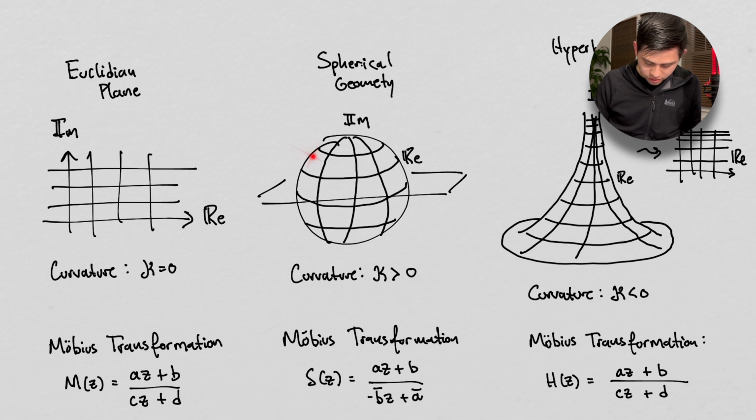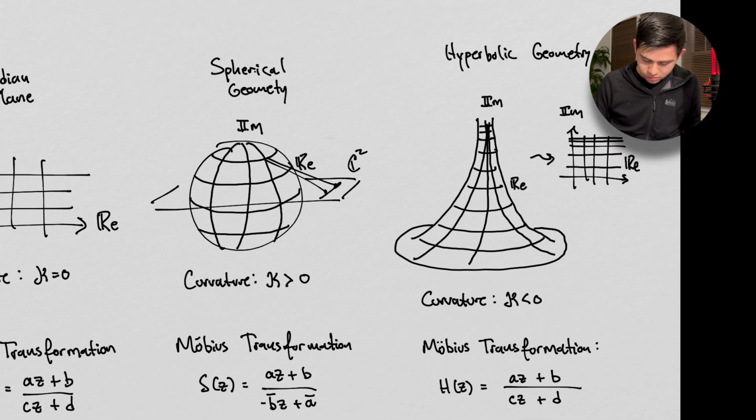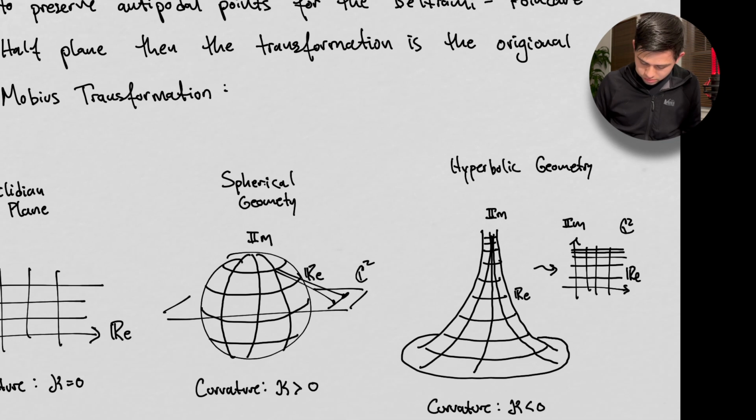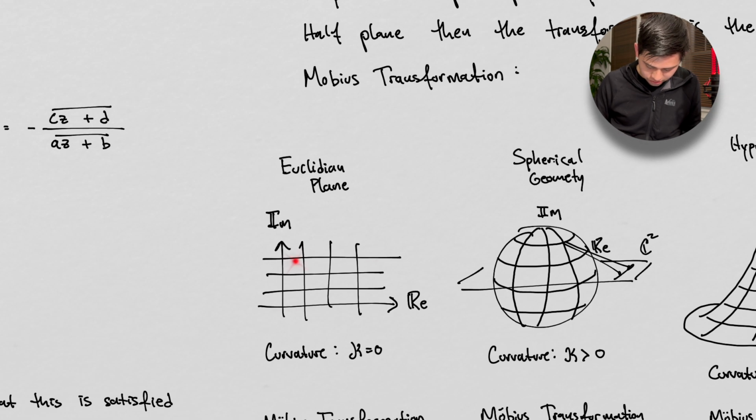This is the spherical geometry. So the spherical geometry was our mappings, and we're on this plane, C2. So this is C2 as well, C2 right here, C2 on this half plane, and then this is just C2.